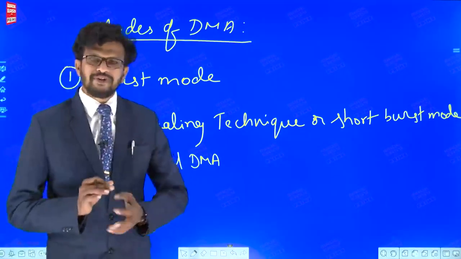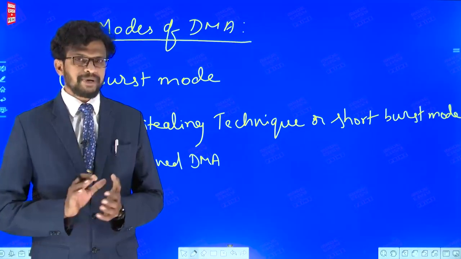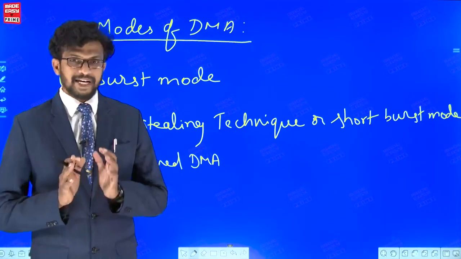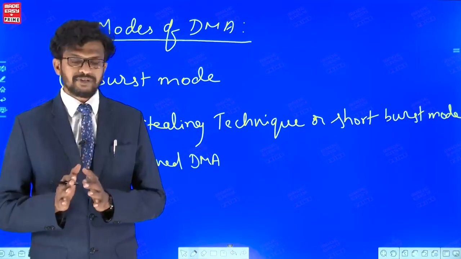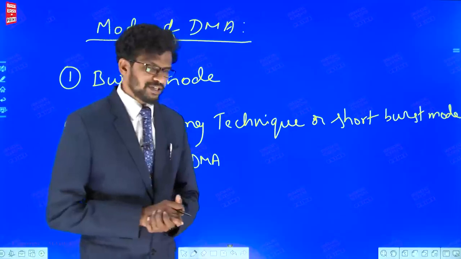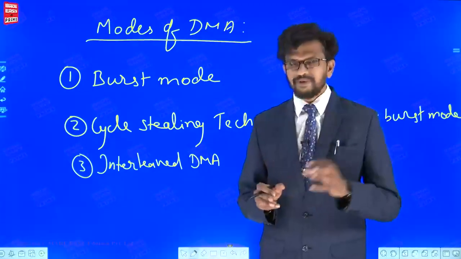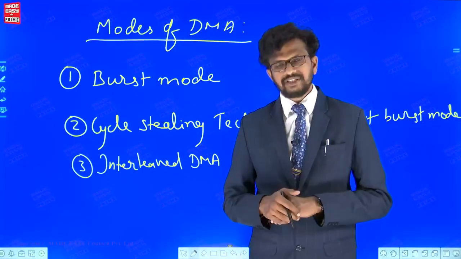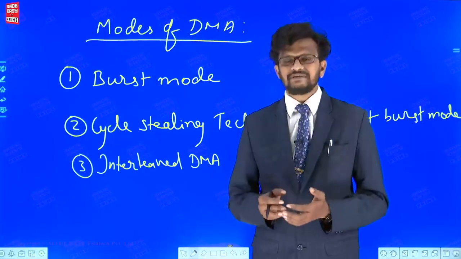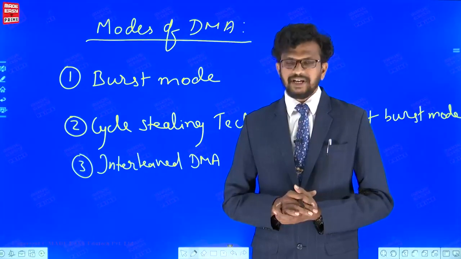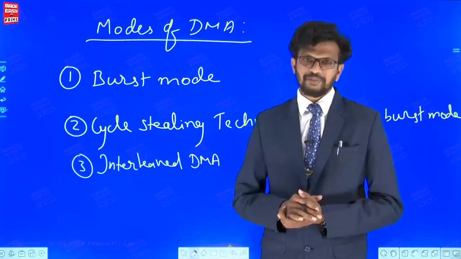The main purpose of DMA is to transfer a huge amount of data between memory and IO at a faster rate without the intervention of the microprocessor, because the processor uses instructions and it consumes a lot of time to fetch the instruction from memory. Therefore, accessing the instruction now and then will increase the execution time, and hence to avoid the wastage of time we go with the DMA operation.